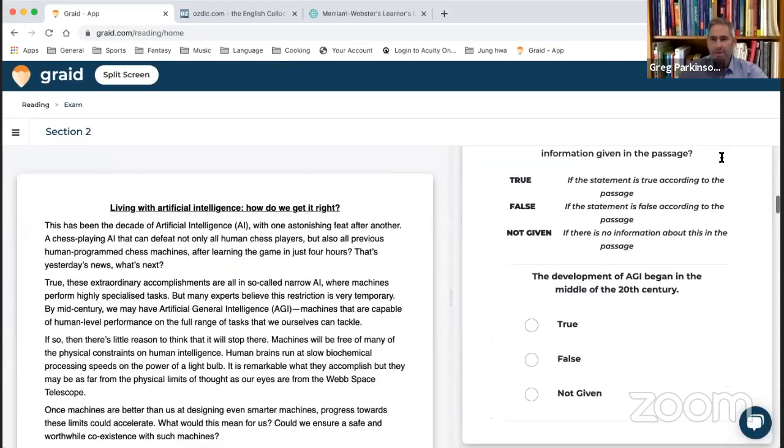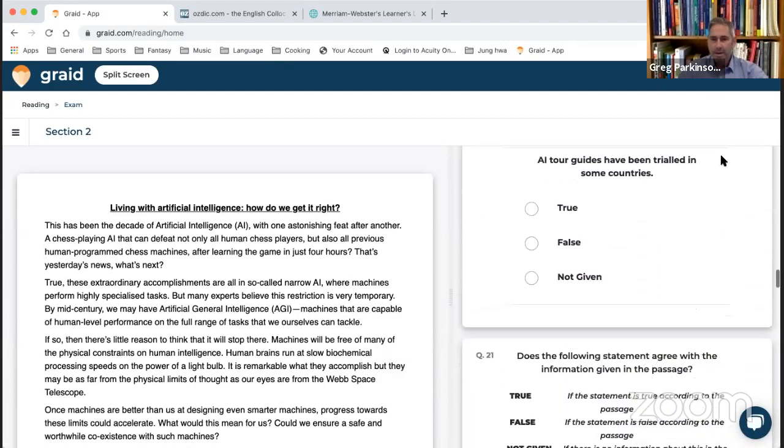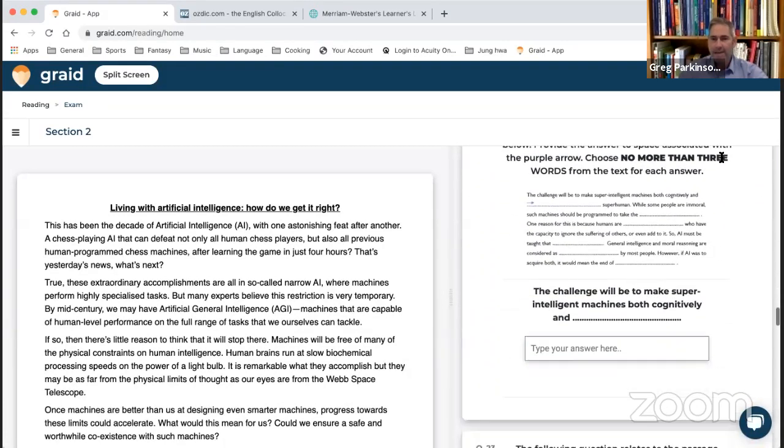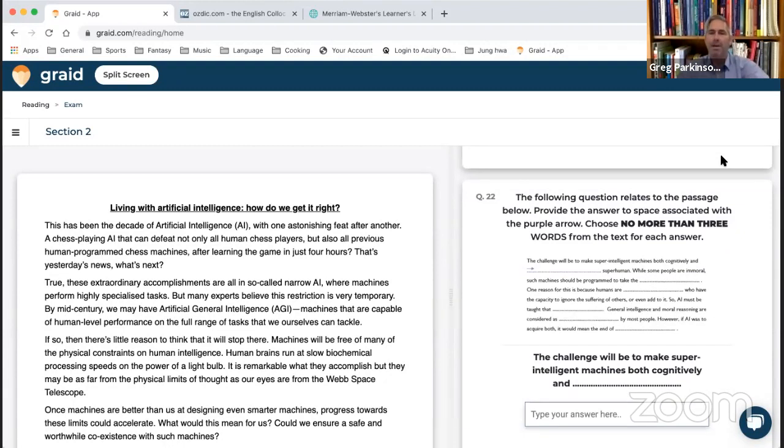So we can see 1, 2, 3, 4, 5, 6, 7, 8. So 7 true, false, not given questions. Now, the next set of questions are the no more than 3 words from the text. Have a really close look at what it says, right? So sometimes it doesn't say from the text, and that means you might be able to transform the grammar slightly.